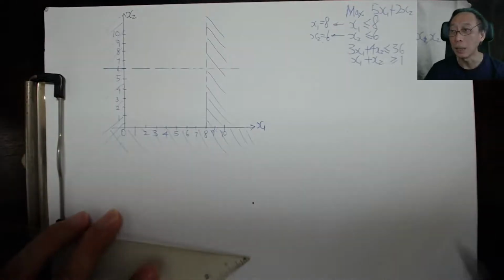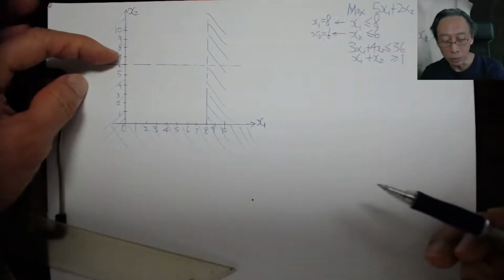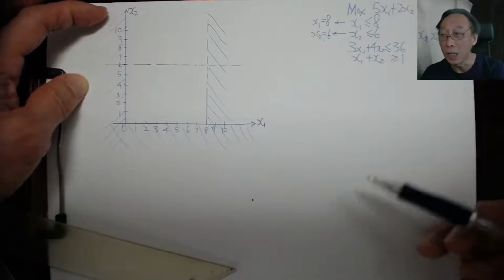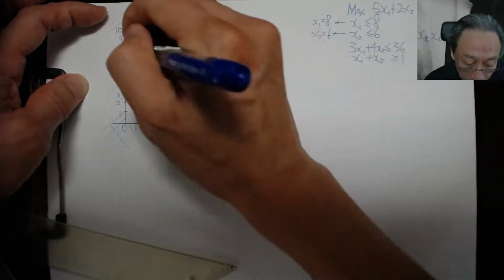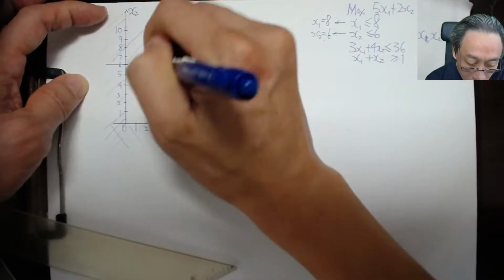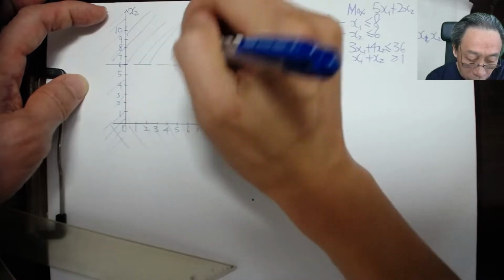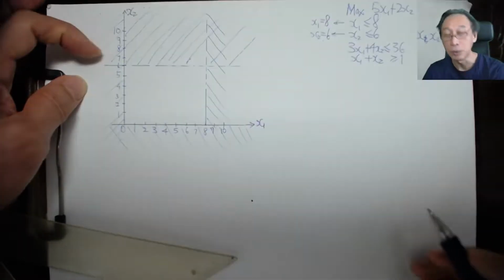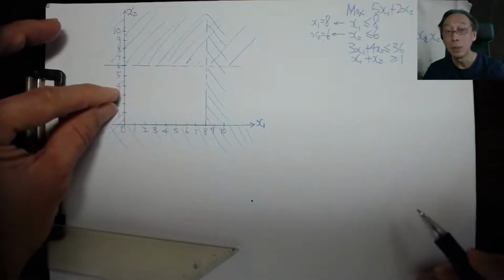As you try out yourself, anything above the line will be x2 equals to 7, 8, 9, 10, really not matching the original inequality. So we're going to discard that. All right, easy enough.